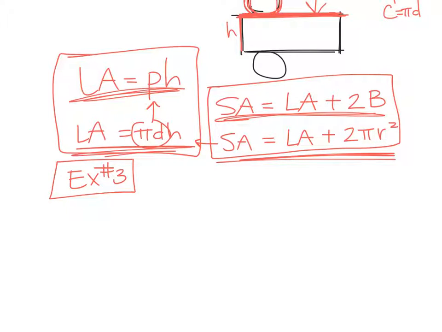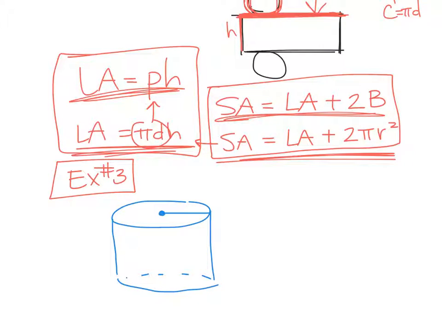So this is like example 3 in the book. They're going to give you a cylinder that has a radius of 4 and a height of 6.